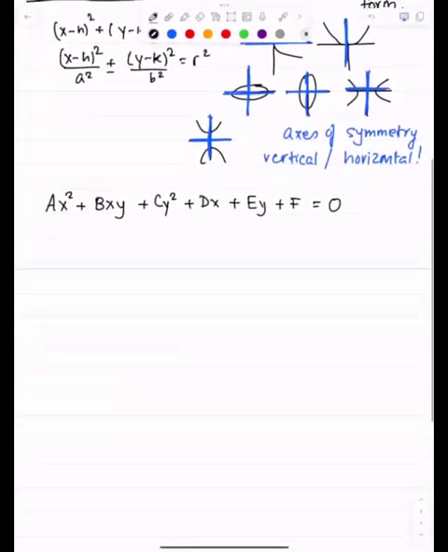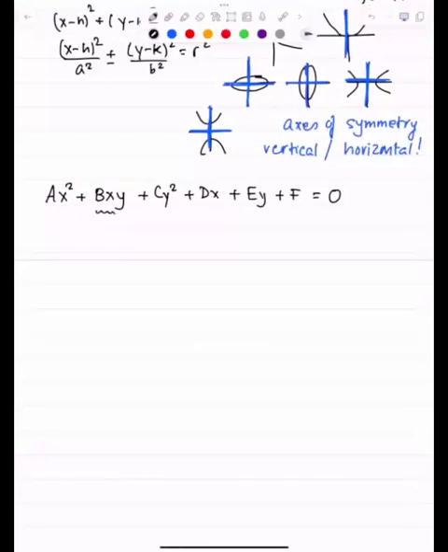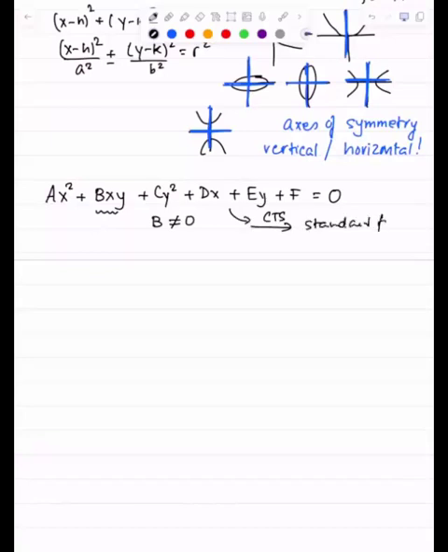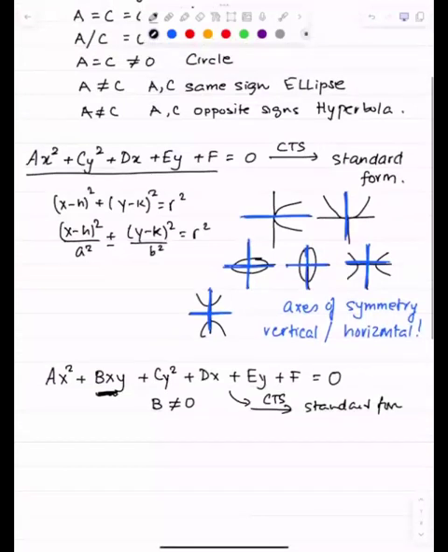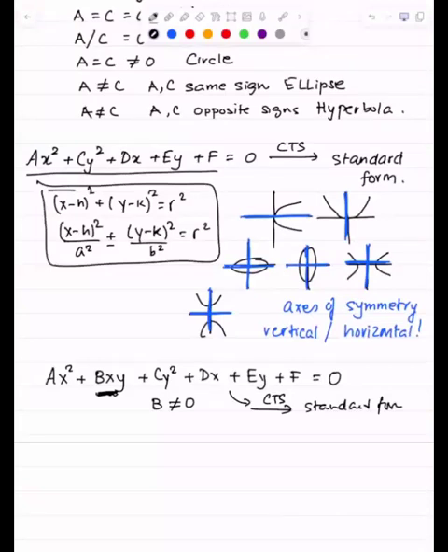Now this term, if b is not 0, gives us problems. If there is an xy term, it is impossible to convert this equation by completing the square into a standard form, because this xy term is not going to go away. As you can see, in none of the standard forms is there an xy term.